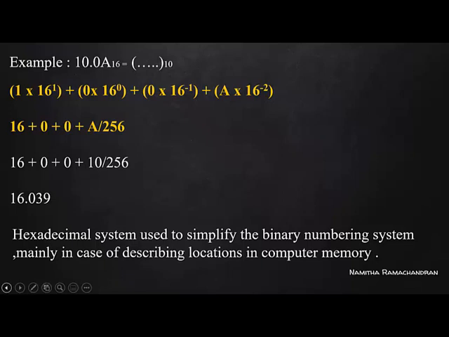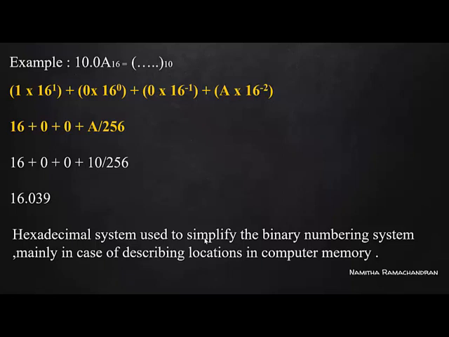Okay. So this hexadecimal system is commonly used for representing or simplifying the binary number system, mainly in order to describe locations in computer memory, that is, for describing memory address locations.